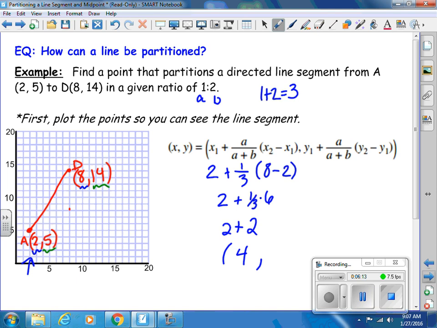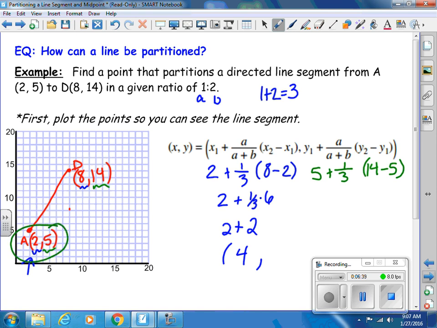All right, so now let's look at our Y's. Let's start by taking the difference. We have 14 minus 5. And then we're going to have to multiply it again by the same ratio. A was 1 over the total number of parts, 3, plus the original Y value, which was 5, going back to point A. This was our original right here.